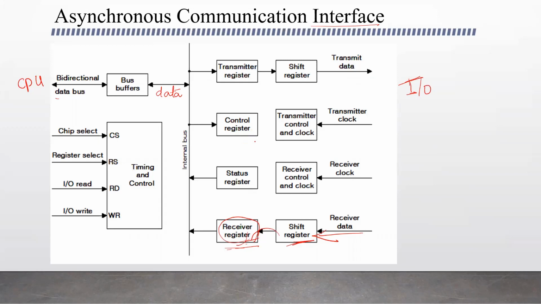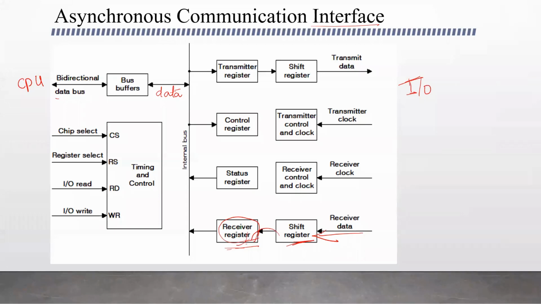That means it defines the baud rate, the speed of transmission or number of bits transmitted per second, the total number of characters included in every data, and the number of stop bits. All these are defined by the control byte that is written in the control register.